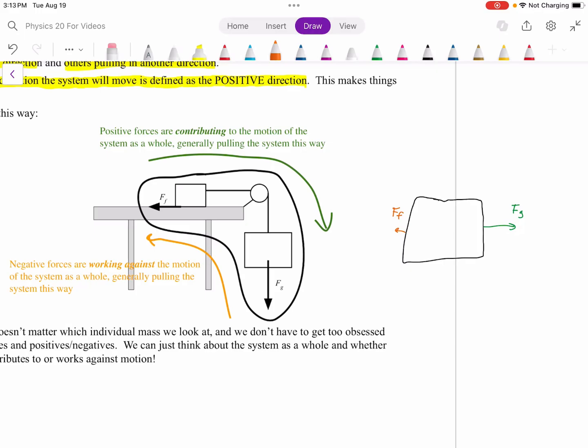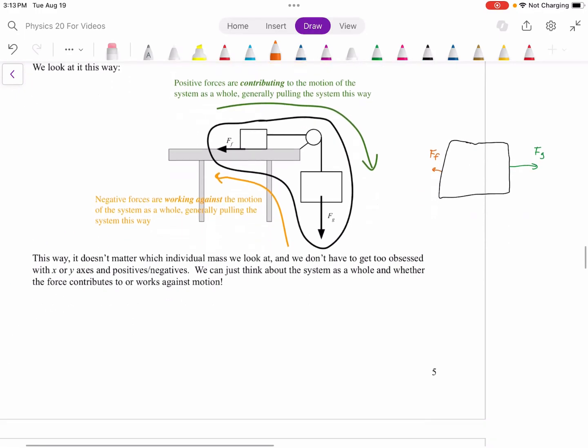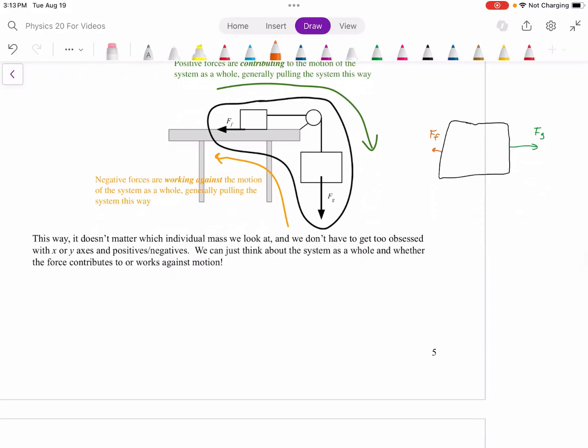So positive forces help it move, negative forces restrict motion. And this way, it doesn't matter which individual mass we look at, and we don't have to get too obsessed with our X or Y axes and our positives and our negatives. We just think about the system as a whole and whether the force contributes to or works against motion.